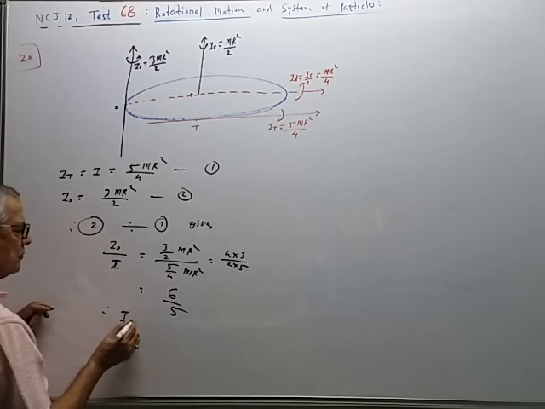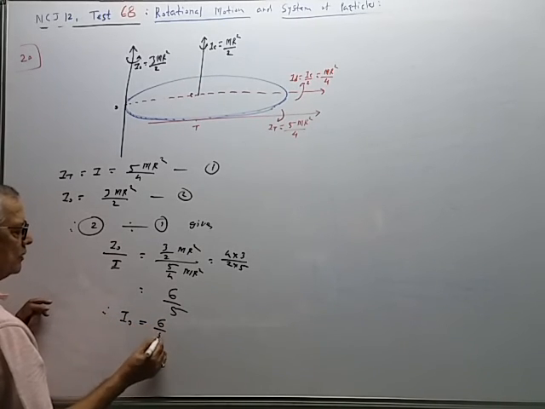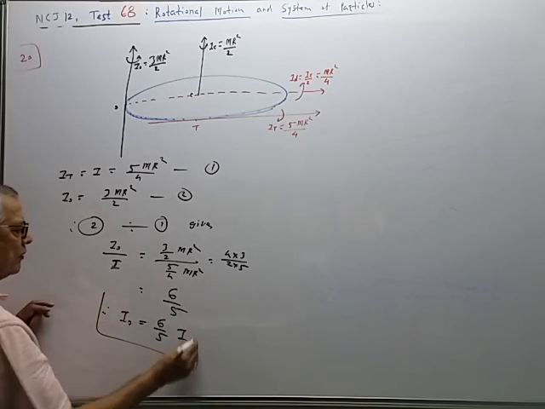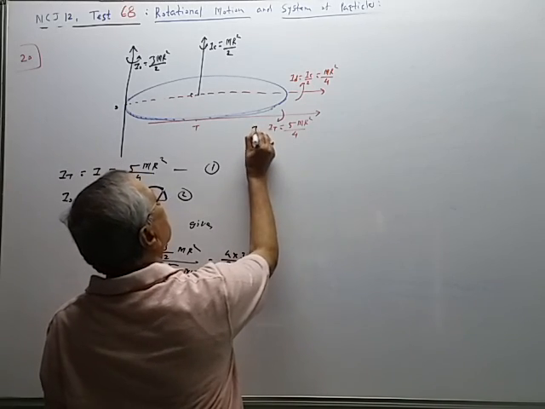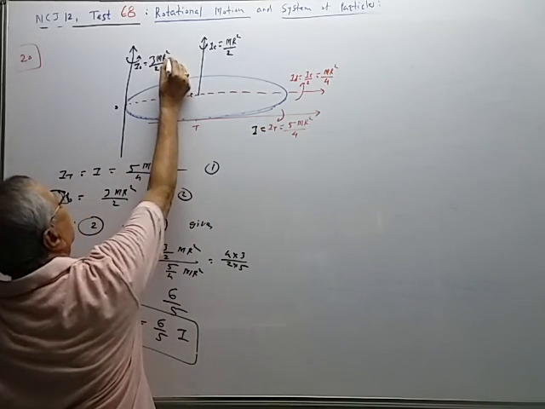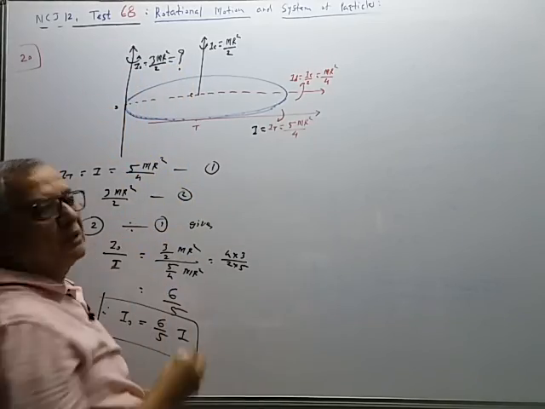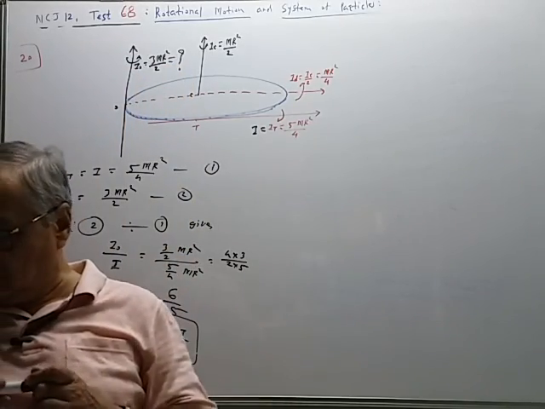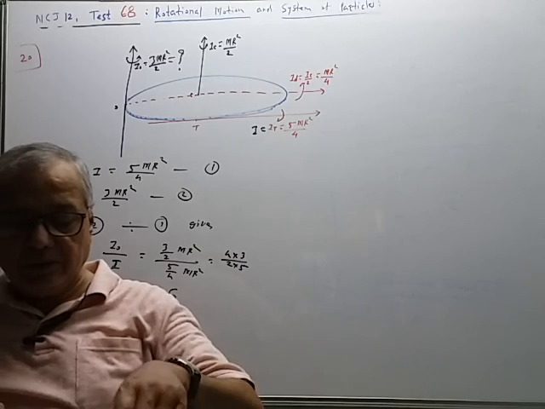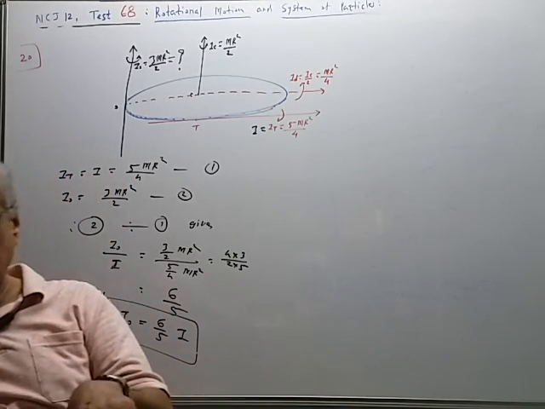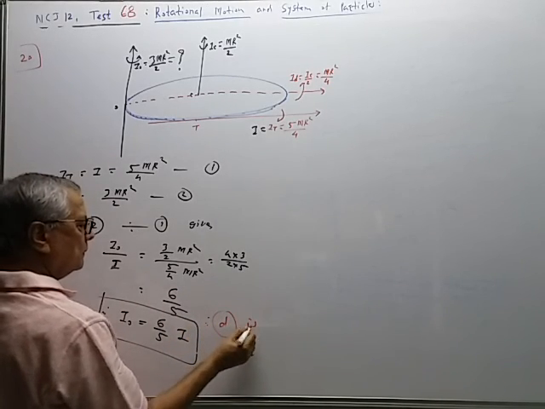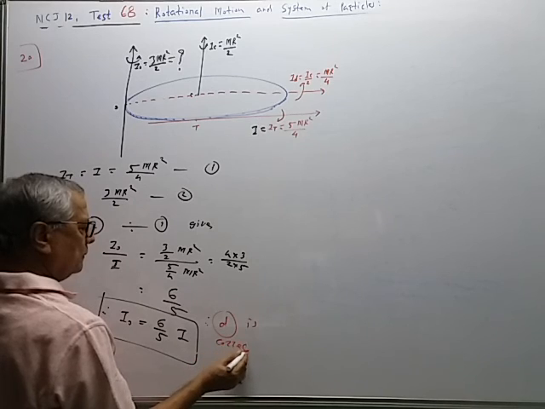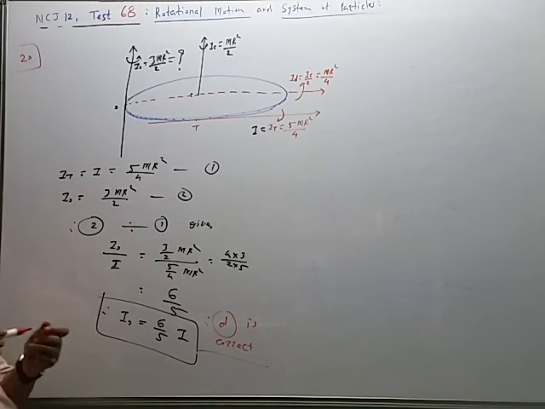Therefore, the moment of inertia about the tangent perpendicular to its plane is equal to 6 by 5 times I according to our notation. Here the moment of inertia has been called I in the problem, and IO is the question mark. So 6 times I by 5 means the correct choice is D. Therefore, D is correct.